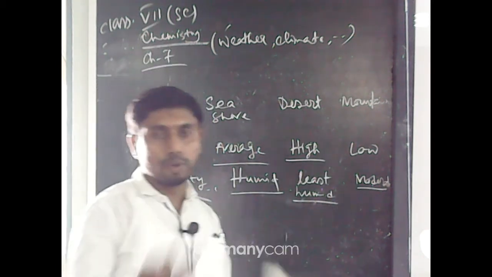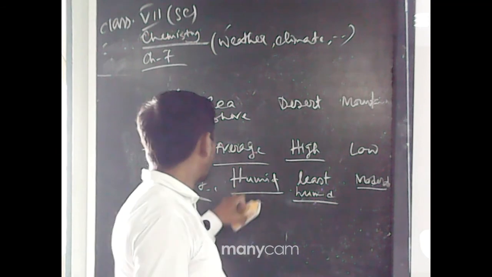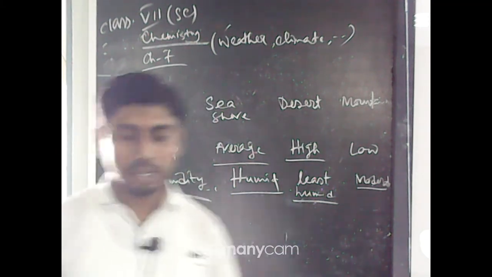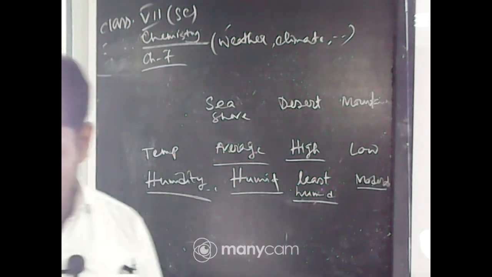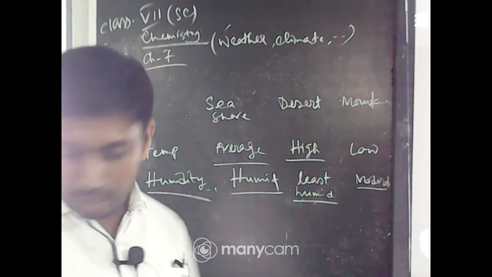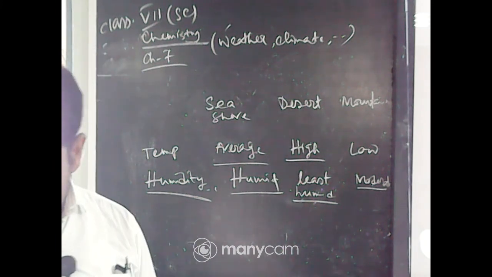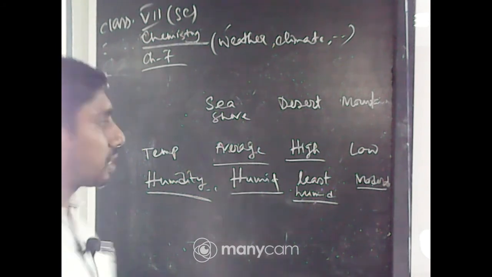So, it also produces humidity. Okay. So, it is highly humid in nature in the sea area. Okay. Now, the next point is that on page number 71, what is climate?